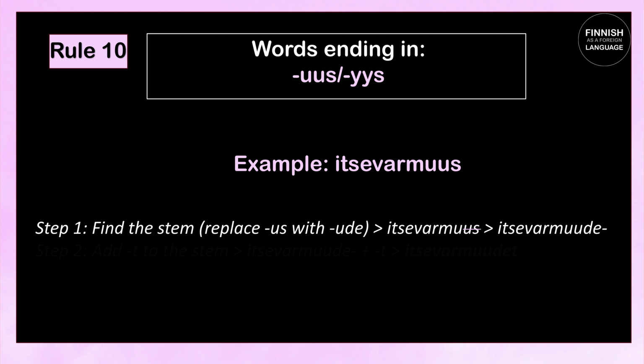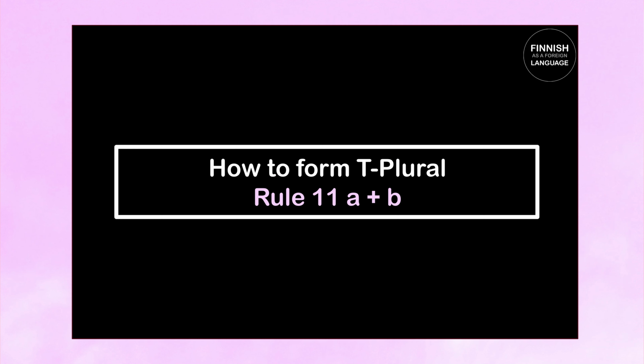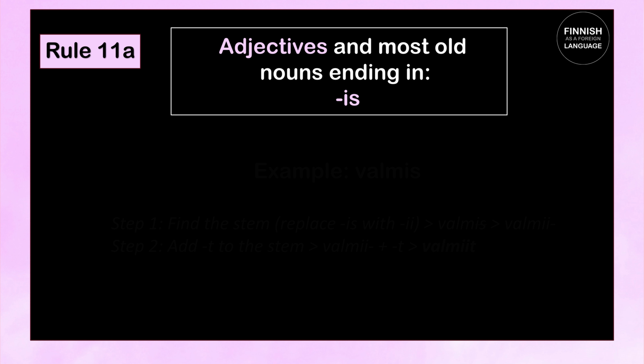So itsevarmuus changes to itsevarmuuda with a double u in between. Then in the second step, we have to add t to the stem, which means we have itsevarmuuda plus t is itsevarmuudet, nominative plural.